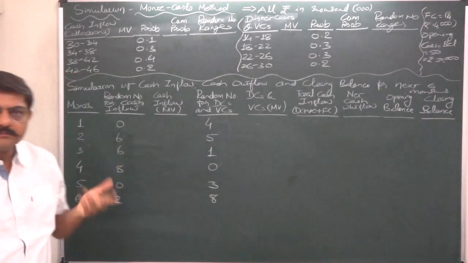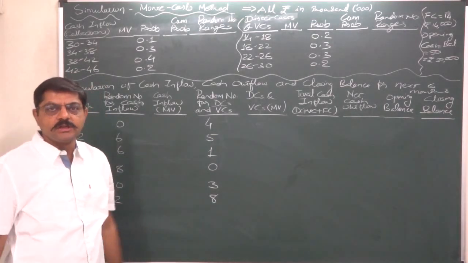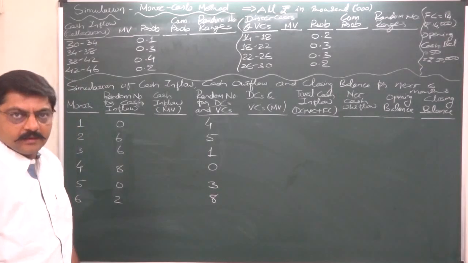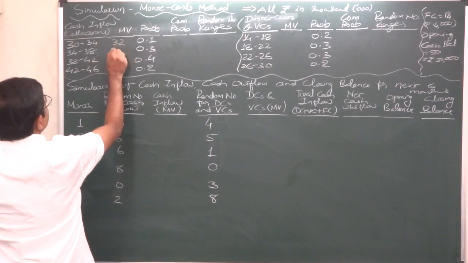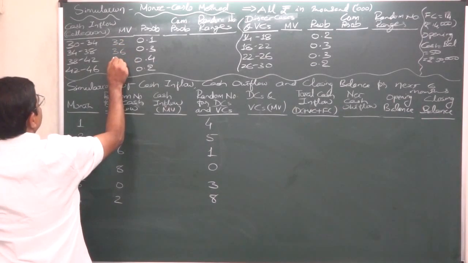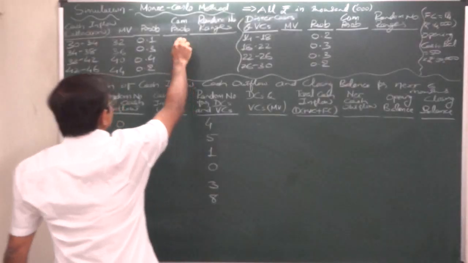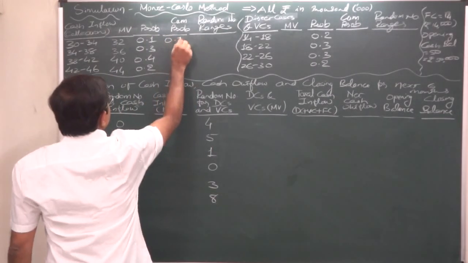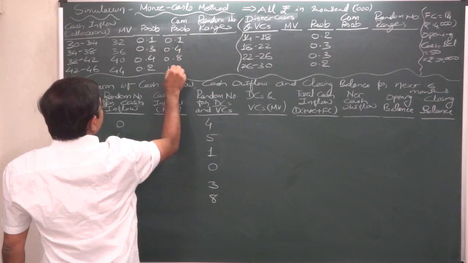So again, we are going to take mid values, which we are habituated in statistics to take. So the mid values are 32, 36, 40 and 44. Now cumulative probability will be 0.1, plus 0.3 means 0.4, plus 0.4 means 0.8, and 1.